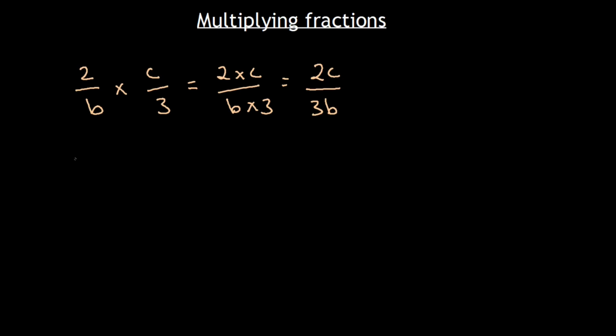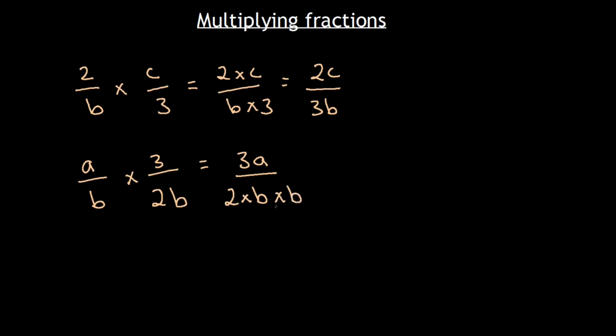So let's have a look at a bit trickier example. Let's have a look at a over b times 3 over 2b. So again, the same thing applies. a times 3 is 3a, and it'll be b times 2b. And the way we go about it is we say, well, it's 2 times b times b.